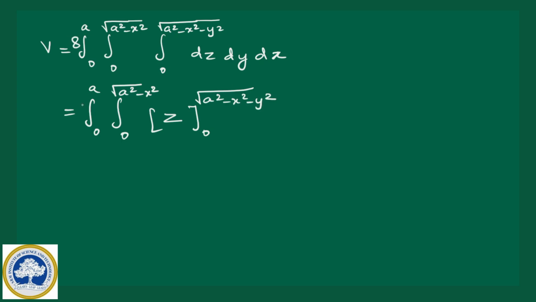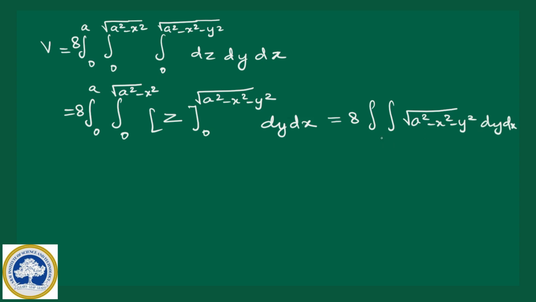So here it should be 8 into dy dx. So now this is equal to 8 times the double integral of root of a square minus x square minus y square dy dx. Then we have to integrate with respect to y again.